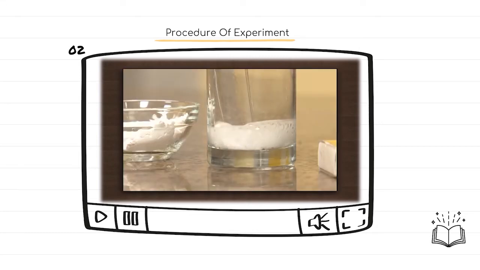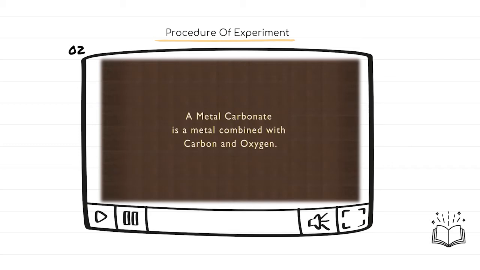You can see when this acid reacts with carbonate, it forms carbon dioxide gas, and this bubble means carbon dioxide is being released. If you want to identify the carbon dioxide, we can use the lime water test. If the lime water turns cloudy, it means there is carbon dioxide gas. So let us move on to the next slide.